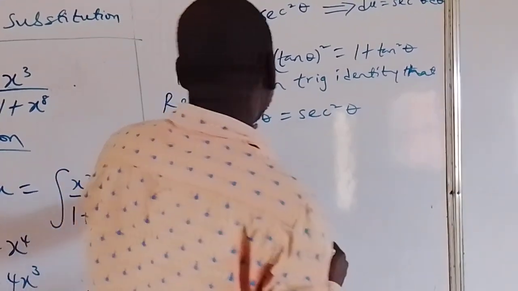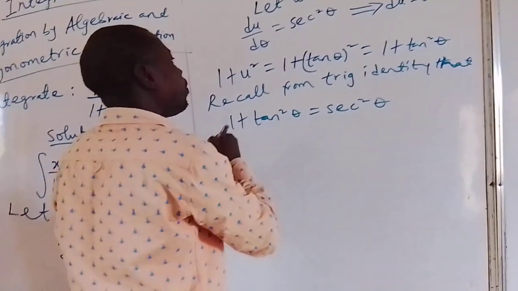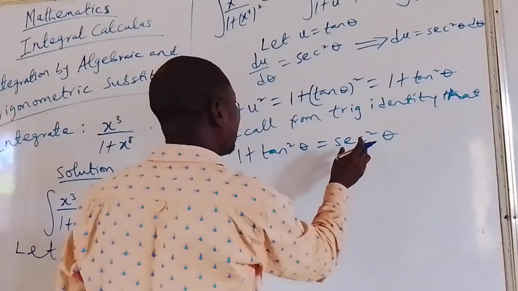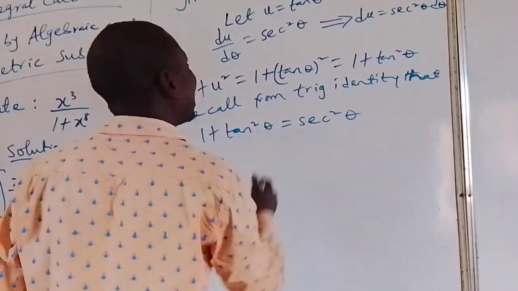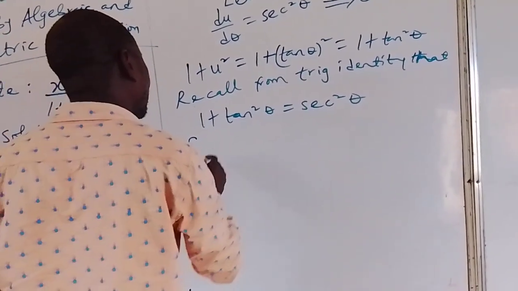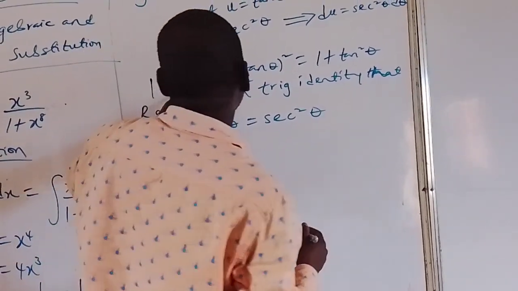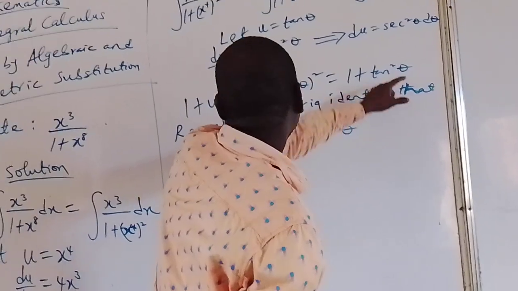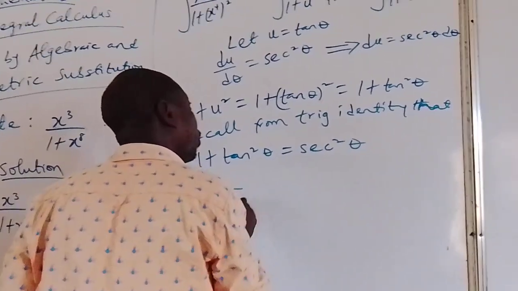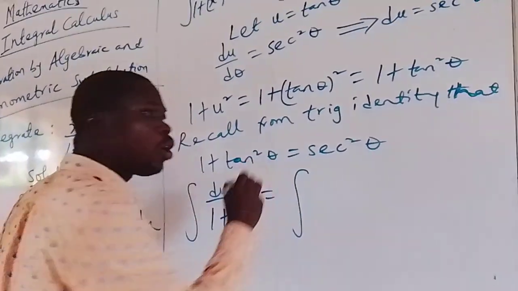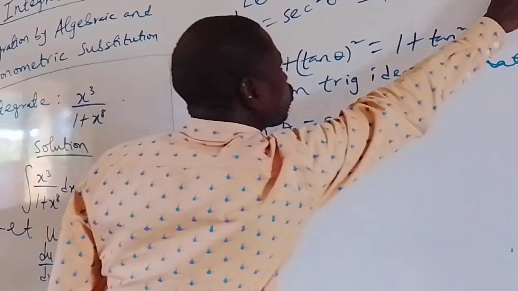So if 1 plus tan squared theta is sec squared theta, what does that imply? That means my 1 plus u squared is now represented as sec squared theta. So I will now go back to the integral, du over 1 plus u squared. Now 1 plus u squared, which is 1 plus tan squared theta, which is in turn equal to sec squared theta, so du over 1 plus u squared is equal to the integral of, now my du was represented as sec squared theta d theta.